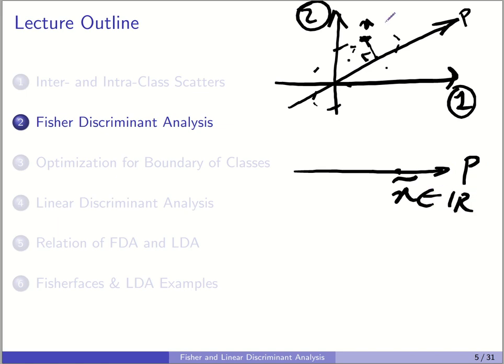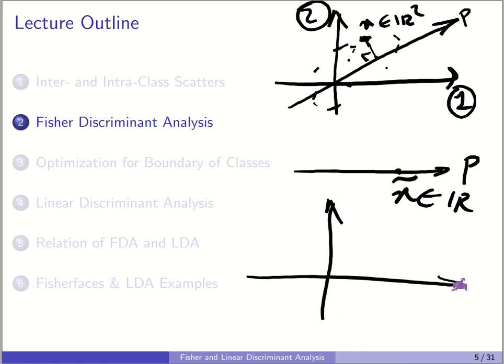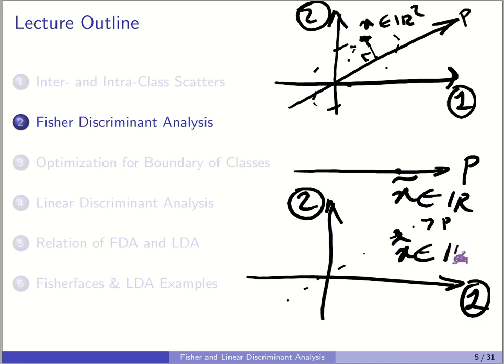The X itself is two-dimensional in the coordinate of one, two, but X tilde is one-dimensional in the projection in the subspace of P. However, if we show this X tilde in the coordinate system of 1 and 2 again, this is called X hat, which is two-dimensional. So we'll have some reconstruction error. This is the concept of projection and reconstruction.